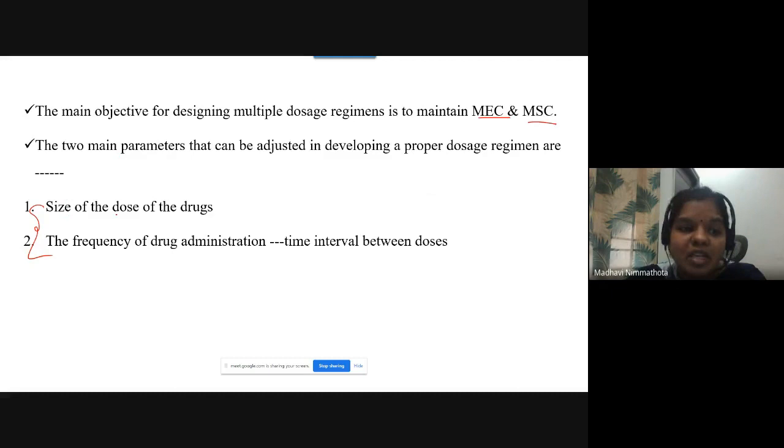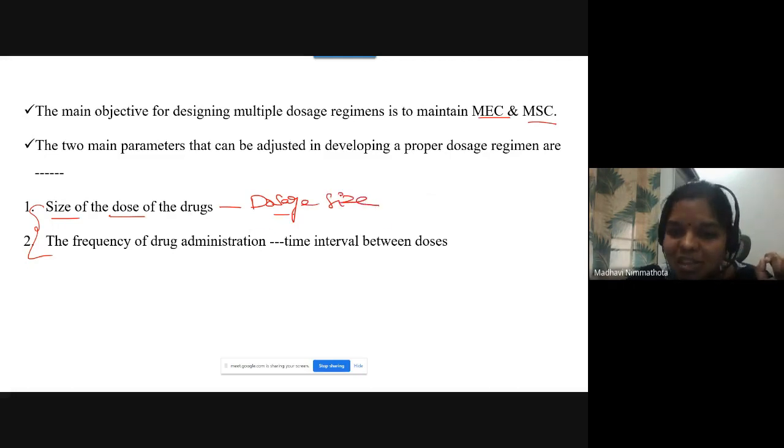What are those? The size of the dose of the drug, the dosage size. Dosage size is nothing but your drug dose, 10 mg or 100 mg or micrograms or whatever it is.